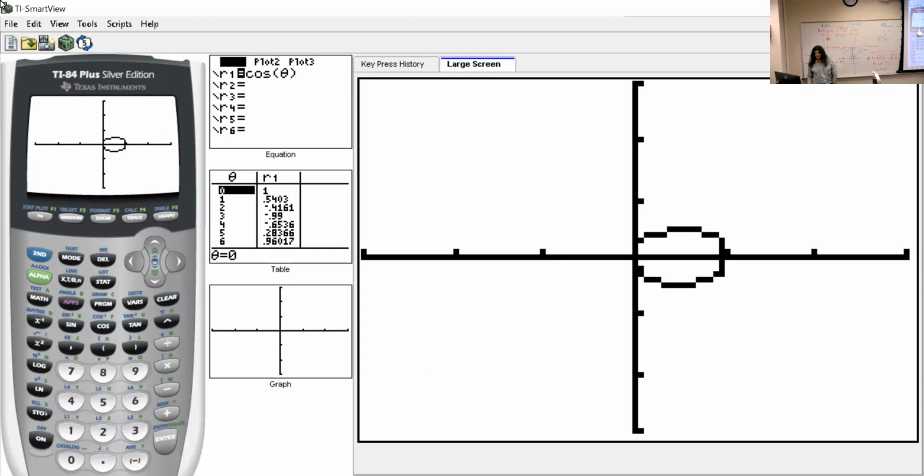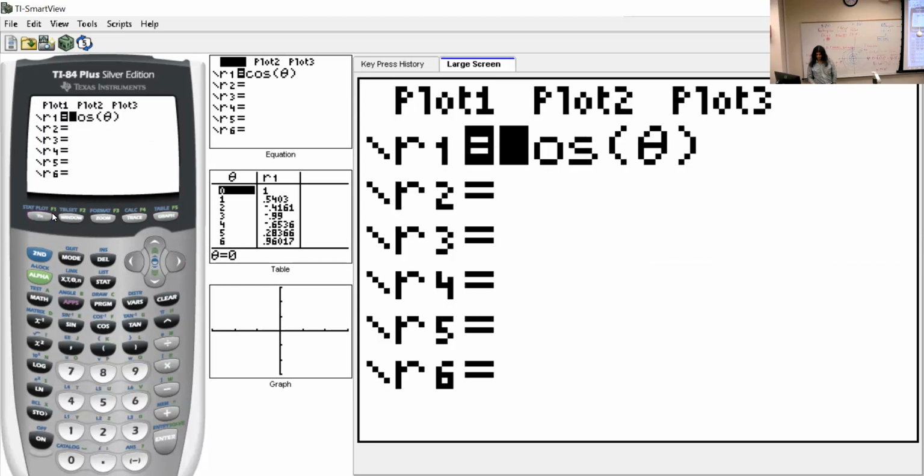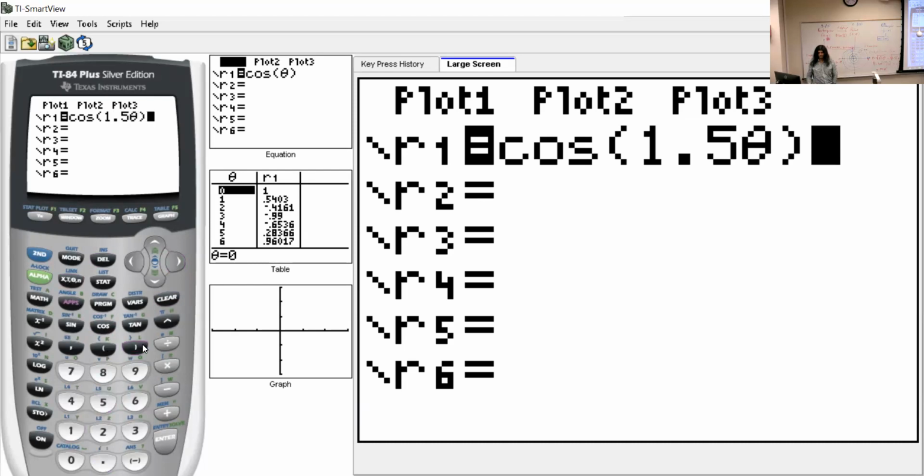One loop starts from here, goes that way, comes down, back. I'm going to do cosine 1.5 theta. See what happens.